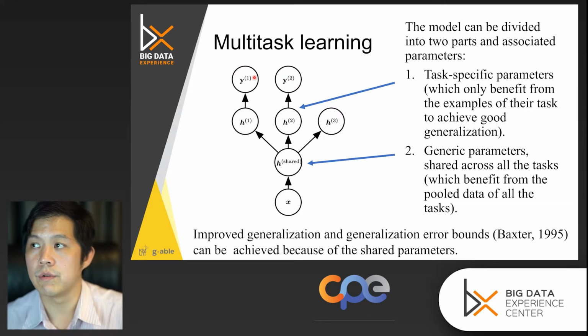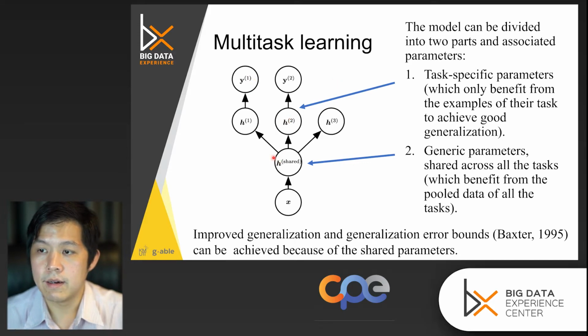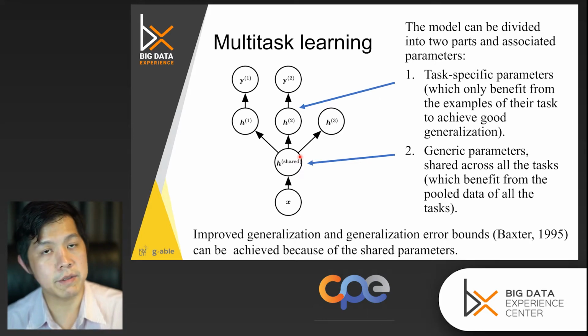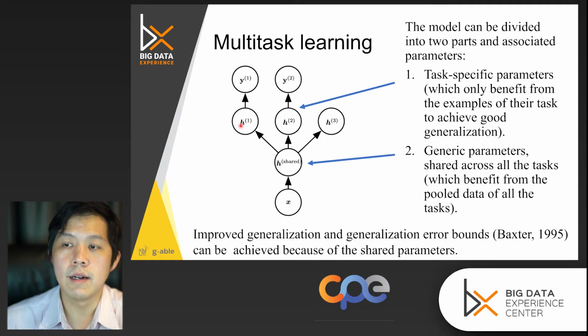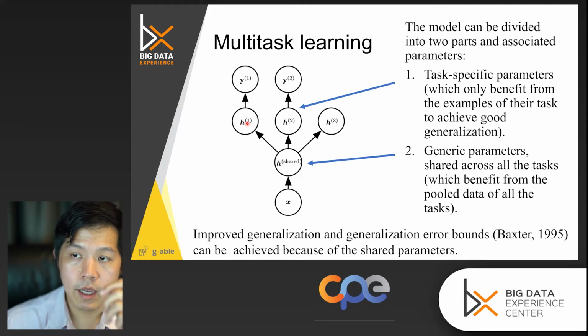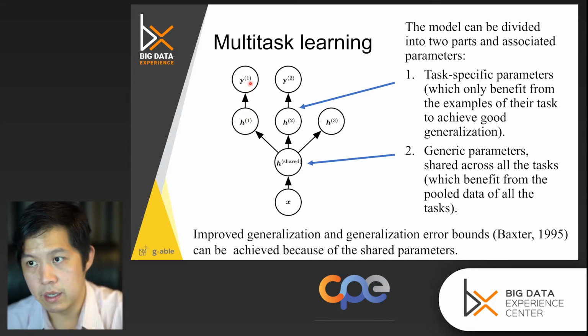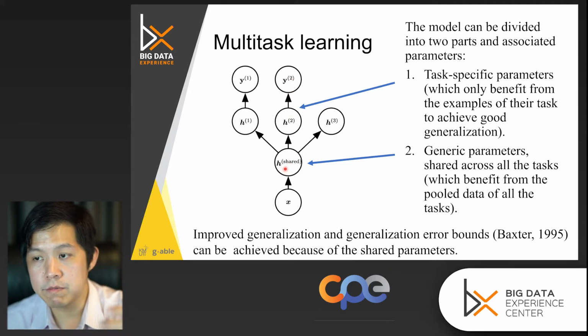So you can have the two layers separated, and the lower one holds the shared parameters, because you have task-specific parameters above it. The model would learn in a way that H1 is specific to task 1, H2 is specific to task 2, but H-share is specific to a general class.